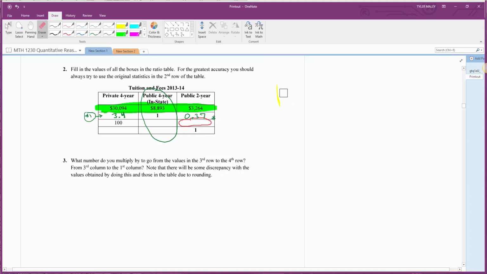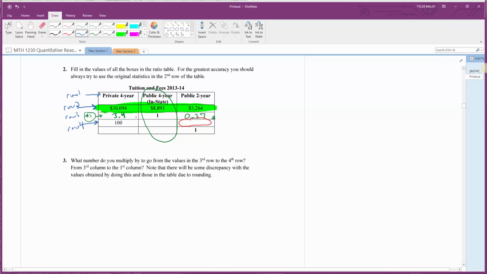Oops. So in order to do this better, we could compare this row to this row. If we let this first row be row 1, then row 2, this will be row 3, and this will be row 4.